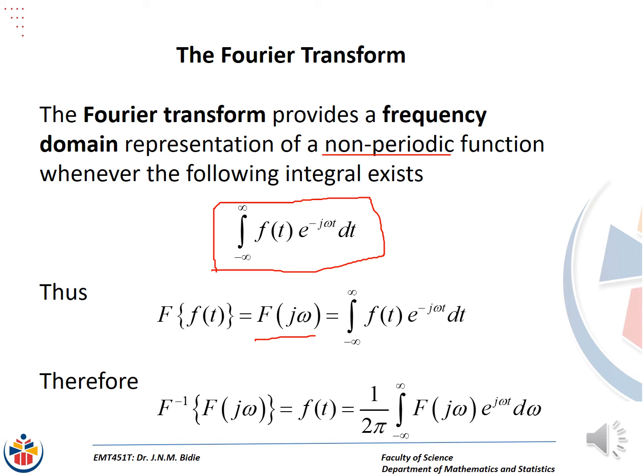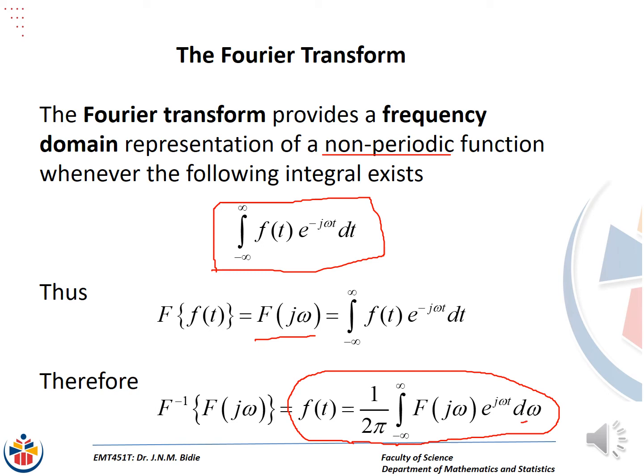If we want now to reverse the process, we find the inverse Fourier transform, which is f of t, and then it is given by 1 over 2 pi multiplied by the integral of the Fourier transform multiplied by e to the power j omega t.